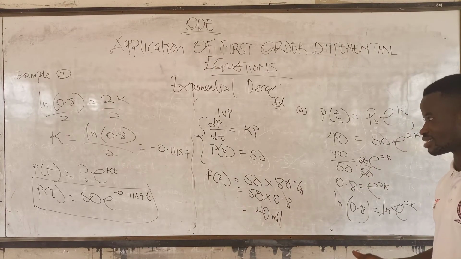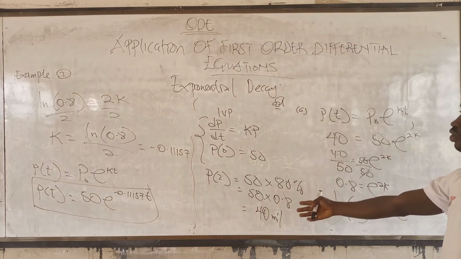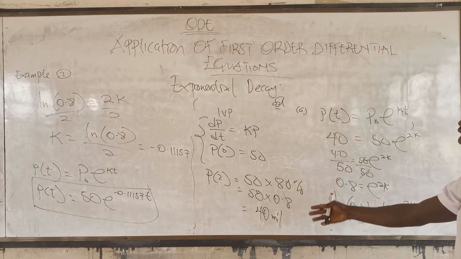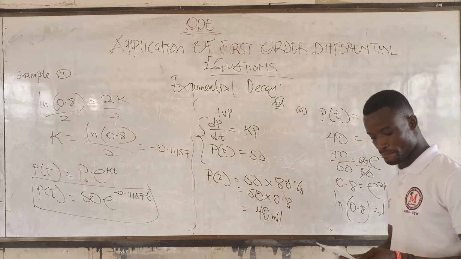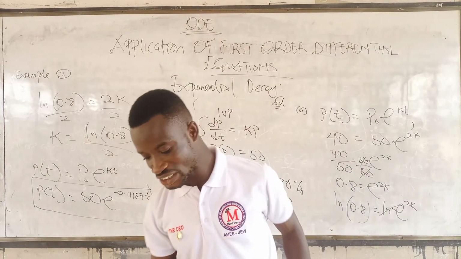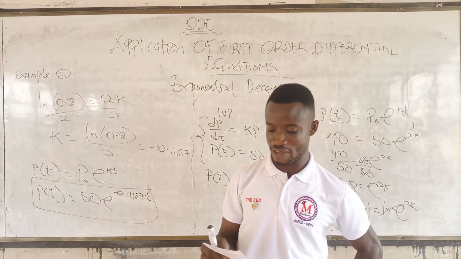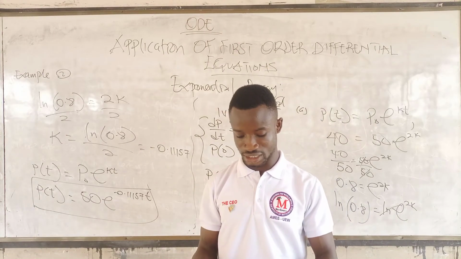Hope it's interesting. Here, you don't know the K, so you can't go for the equation. You need to go for the K. Very good. B. How much is left after 5 years? Oh, it's still not difficult.